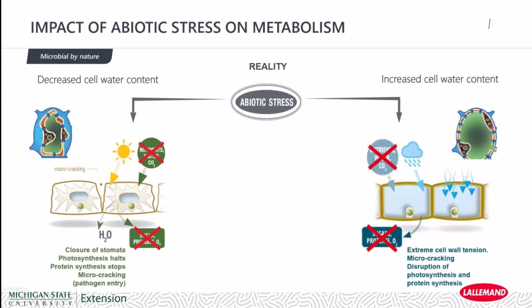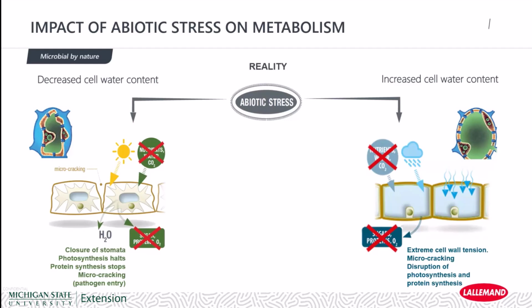Unfortunately, we don't live in the perfect world, we live in reality, and really we deal with two types of scenarios. We either deal with hypertonic cells or hypotonic cells, so too much or too little water. If plants are exposed to too much water, it will move into your cells. And if they're exposed to too little water, it will dehydrate your cells and water will move out.